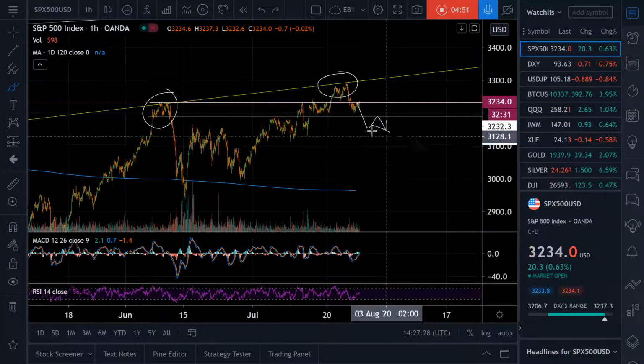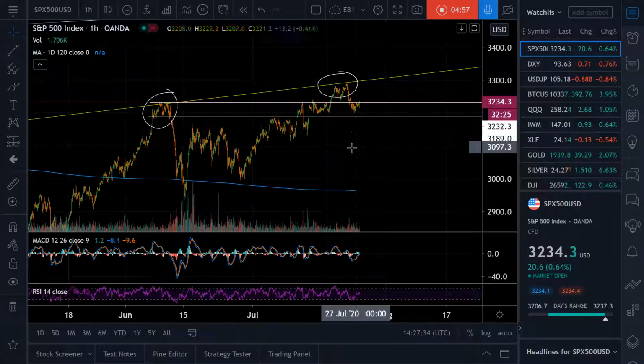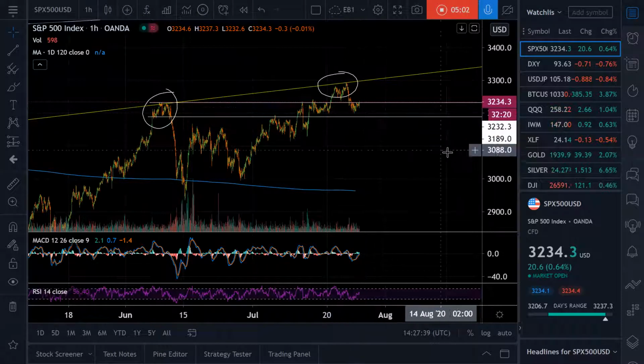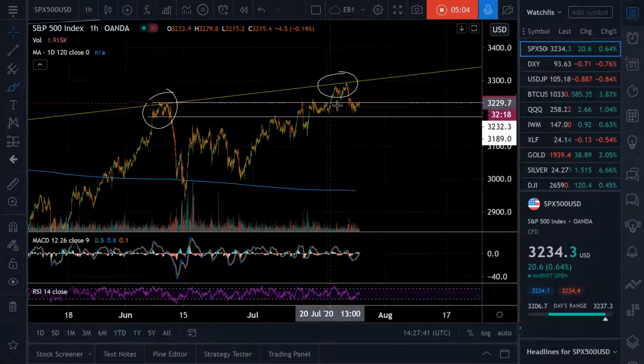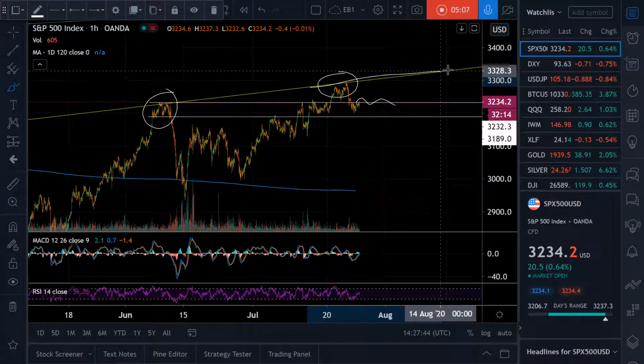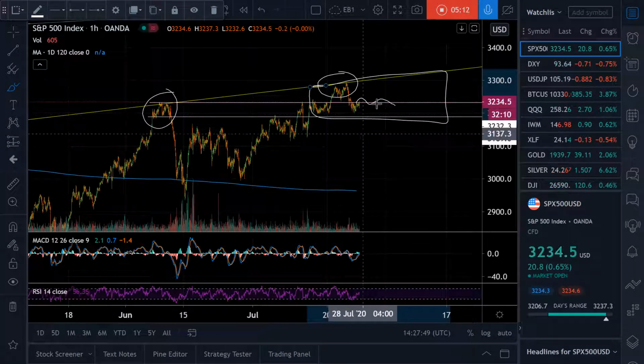So this is a dangerous spot, and we'll have to see if we break down under here the next couple of days, or if it gets back in here, kind of this area is sort of a drama zone.